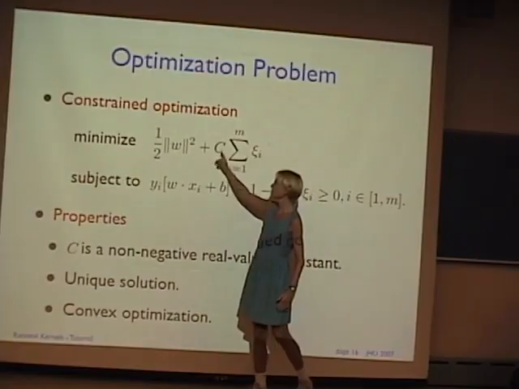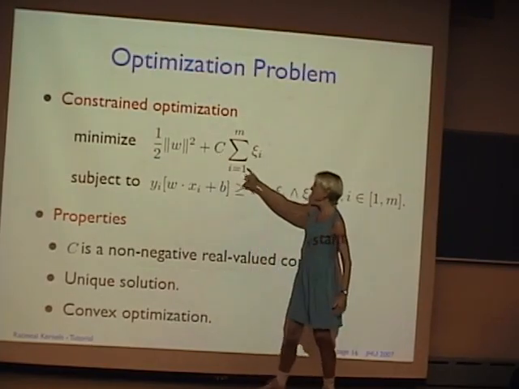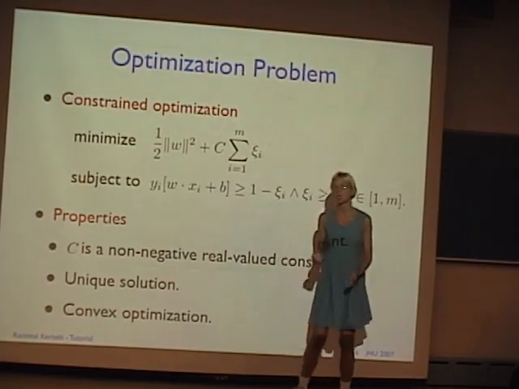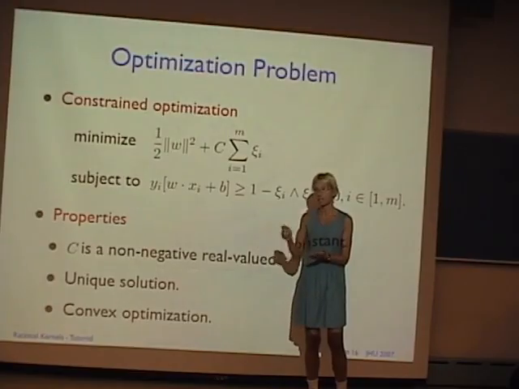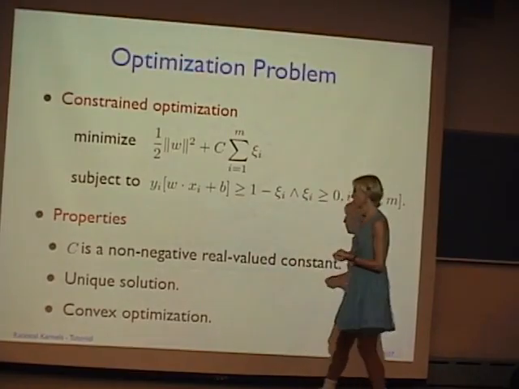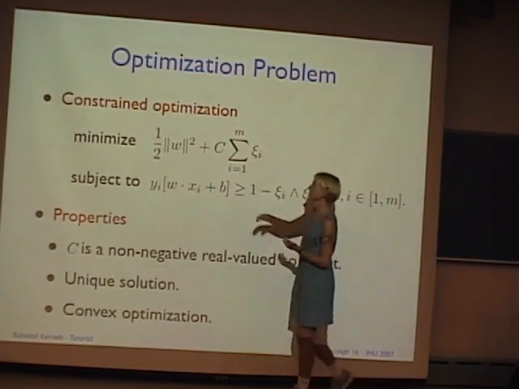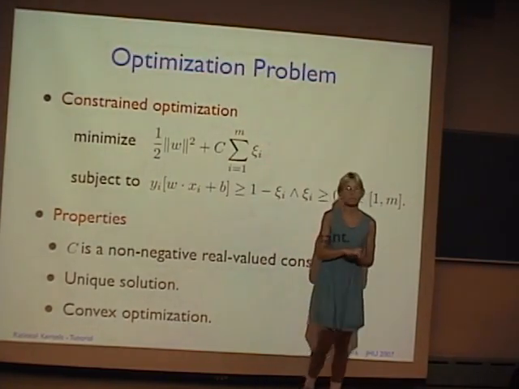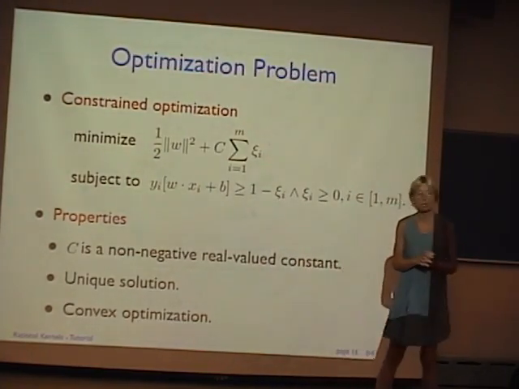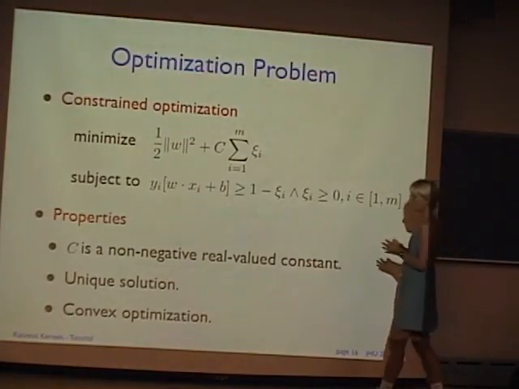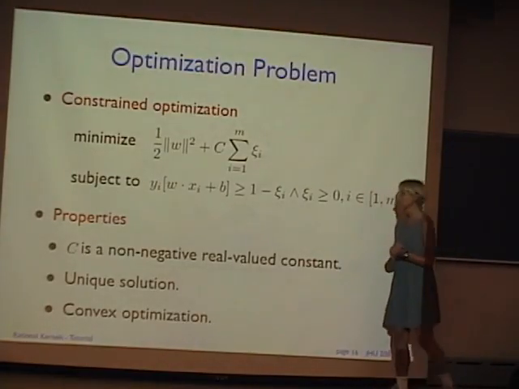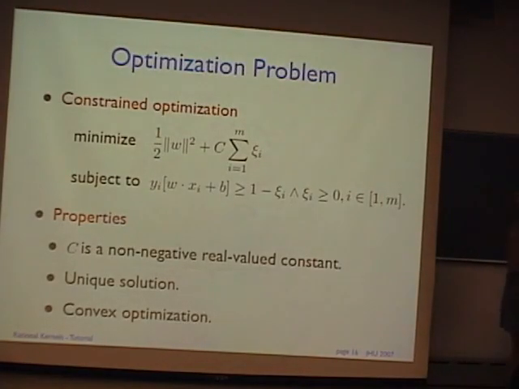And the constant c here, the non-negative constant c, controls how much we want to penalize these slack variables. If a solution exists, and it does depend on the value of c, you may choose c large enough that it doesn't exist a solution. Again, the solution is unique, and it's a convex optimization problem.